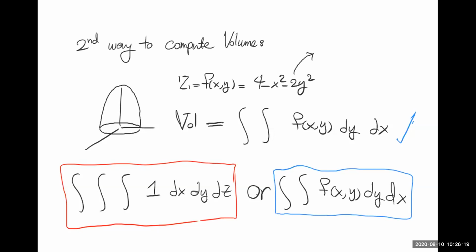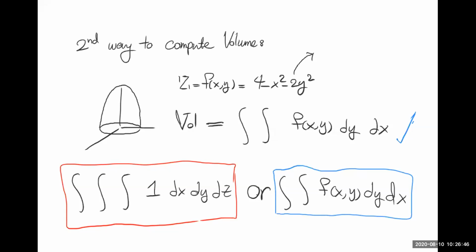What are the bounds for y here? That's plus or minus 2. They are the bounds for x.